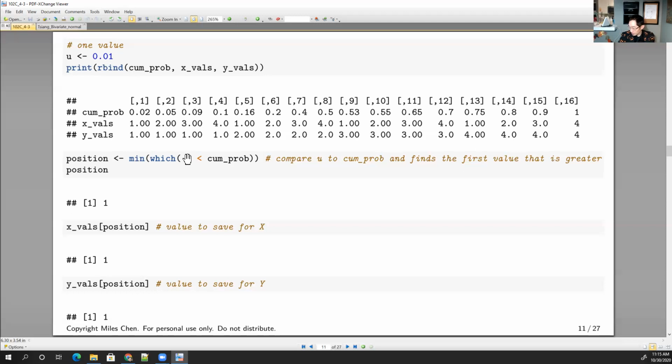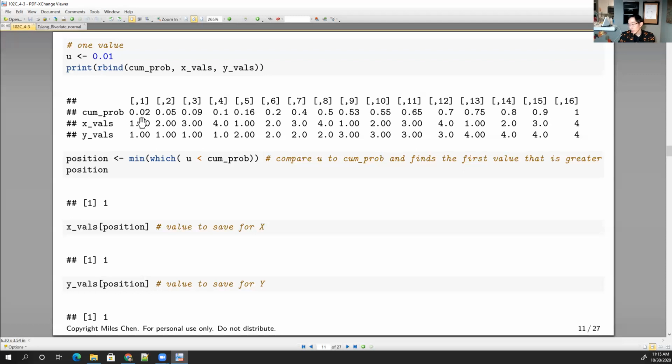So what I'm doing is I'm going to say, all right, u less than cumulative probability. That is going to look at this vector here, and it's going to return a vector of TRUEs and FALSEs. Okay, and it's going to be TRUE wherever u is less than cumulative probability. And then which will turn the TRUEs and FALSEs into numbers, right? So it'll say where is it TRUE? It's TRUE for 1, it's TRUE for 2, it's TRUE for 3, for 4, for 5.